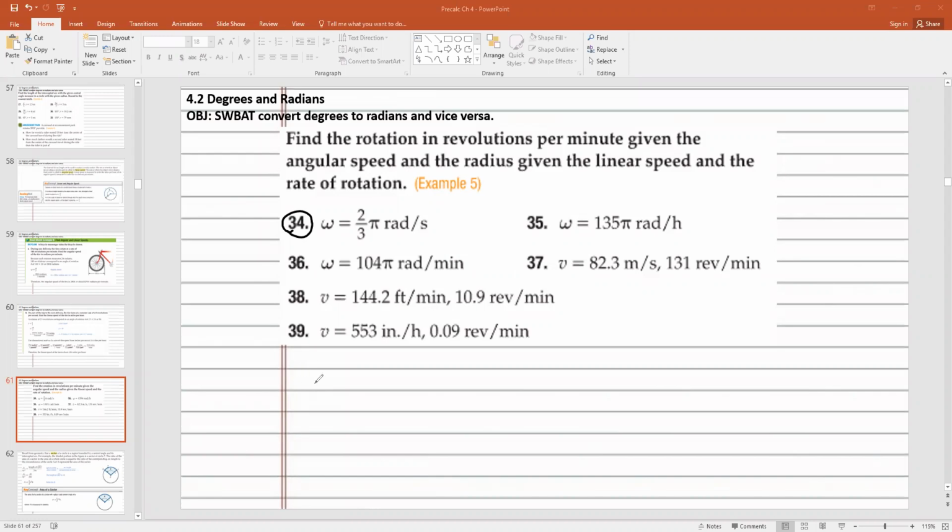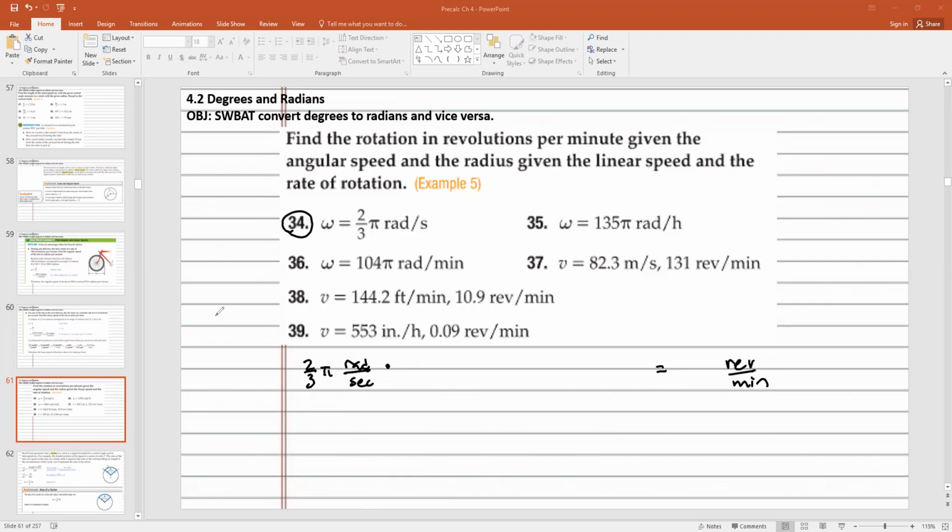All right. So basically, this is like converting units. We're given 2/3 pi radians per second. Now we want to do some calculations to make it revolutions per minute. So let's change seconds to minutes first because that's the easiest one.